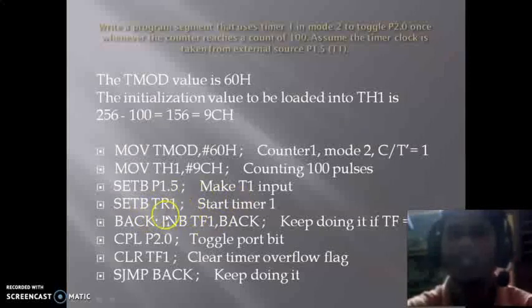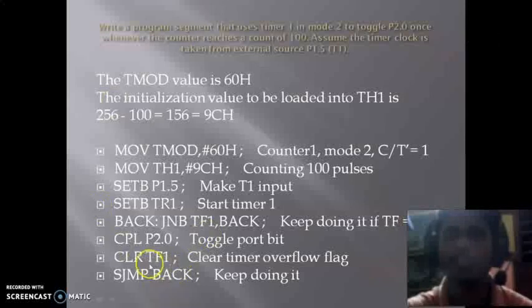Now we will check whether the timer completes its operation or not. After the counts are completed, it overflows and TF1 will be set to 1, otherwise it will rotate in this line. After the completion of the count operation, P2.0 will be complemented, means if it was 0, then it will be equal to 1.